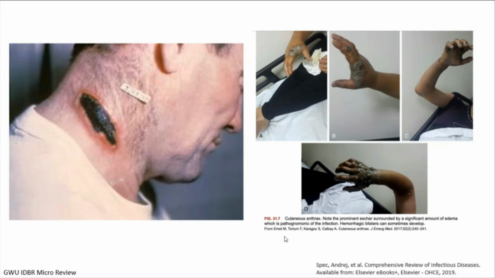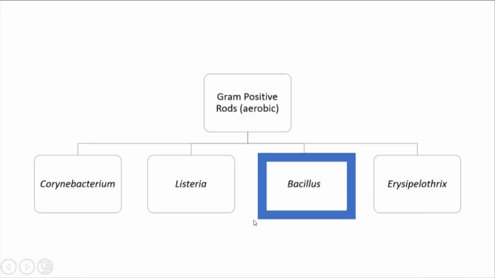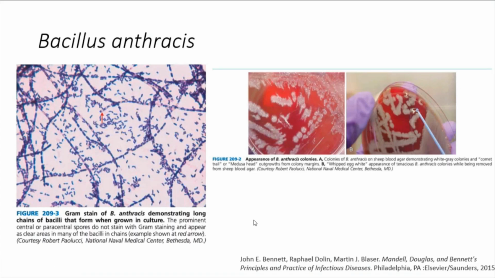It says that part is pretty pathognomonic. This hand shows the hemorrhagic blisters that can occur when people develop anthrax. This is what it looks like in culture, these long things. And then these spots that are more faint are the spores. In case anyone was curious.